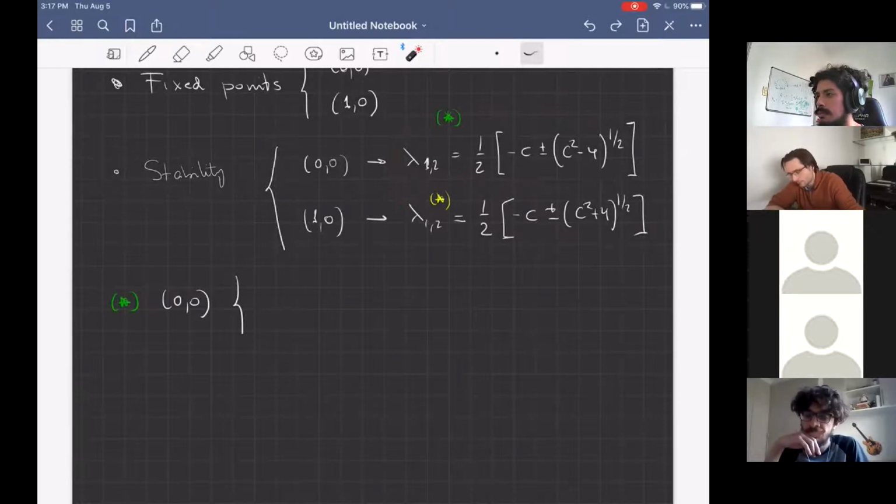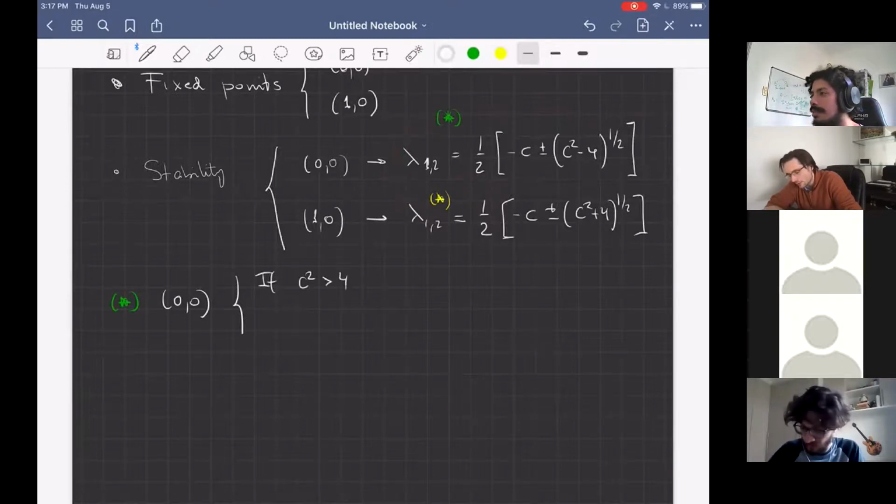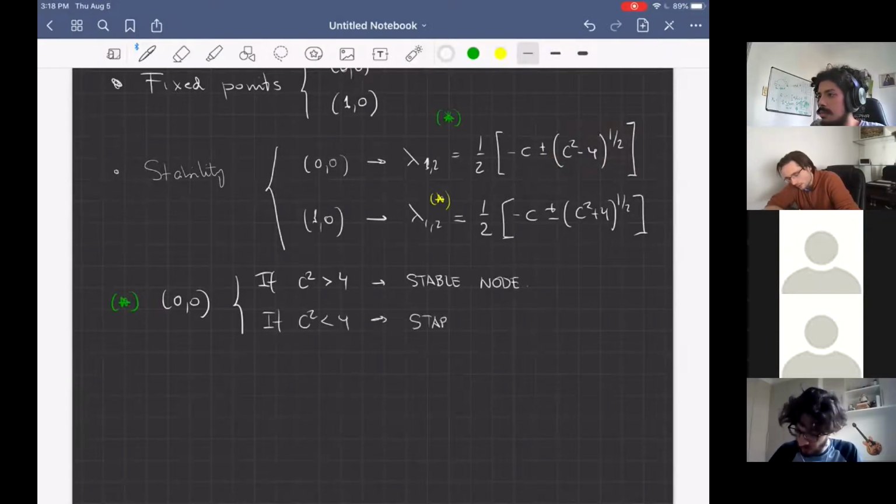If C squared is larger than 4, then this number here is positive, so the square root of a positive number doesn't give me any imaginary part, and basically what I get is that this fixed point is a stable node. But if C squared is smaller than 4, this is basically a stable spiral.